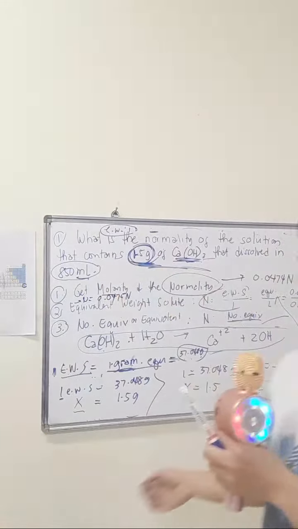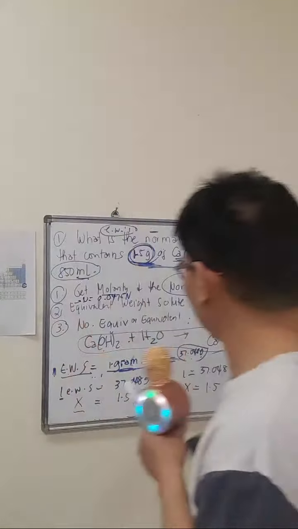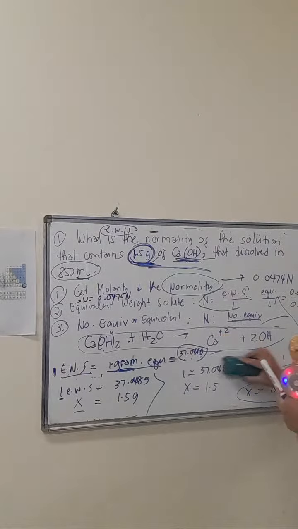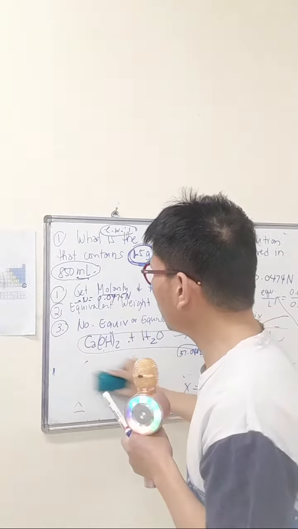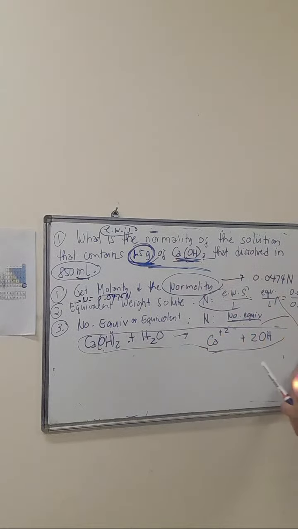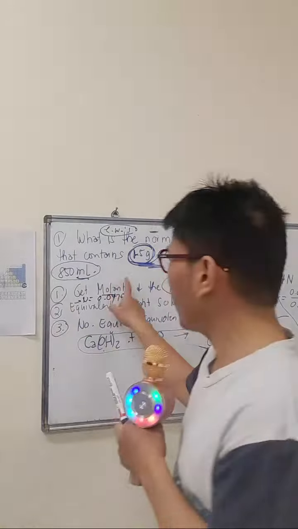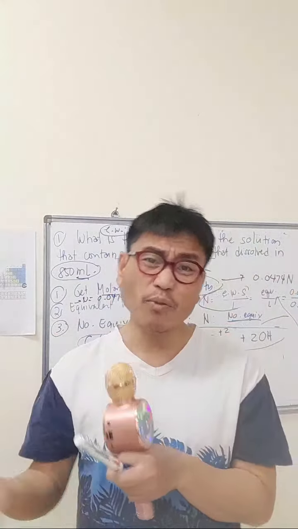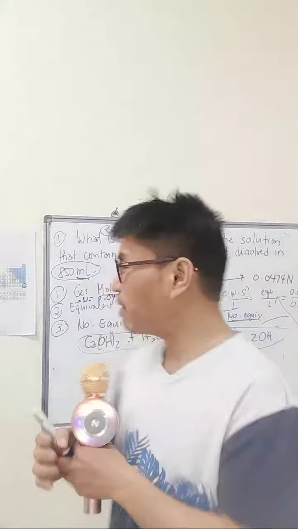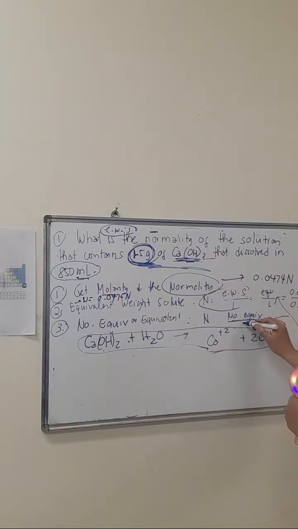I have to erase this one already. Version number 3 now. In version number 3, I love this. This is my favorite, number 3, because in number 1 you don't always have the molarity, and you still have to compute for the molarity. But here, I like this. The formula is also number of equivalents over the liter.